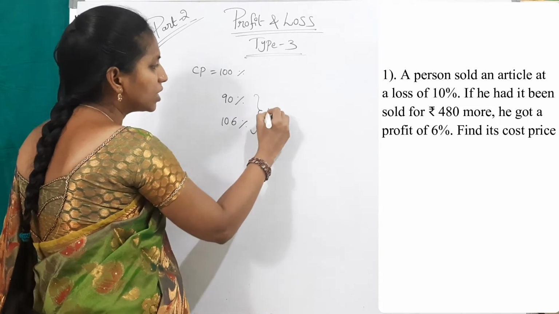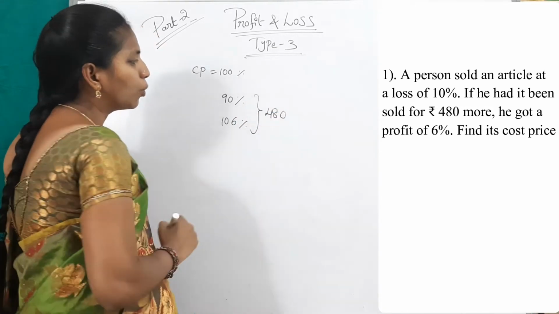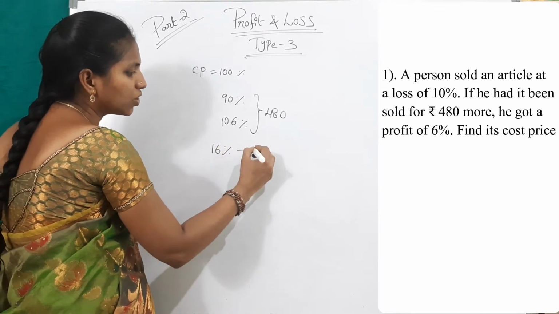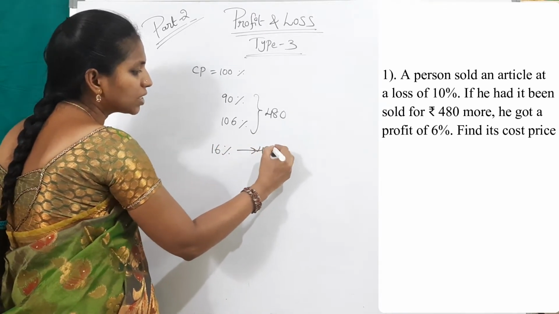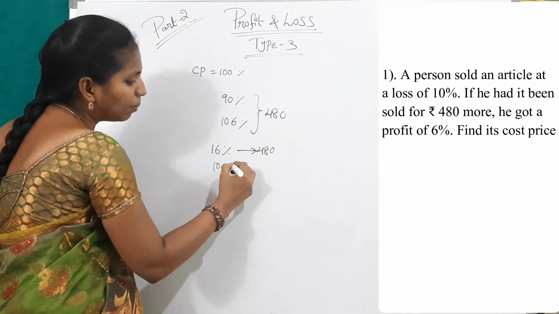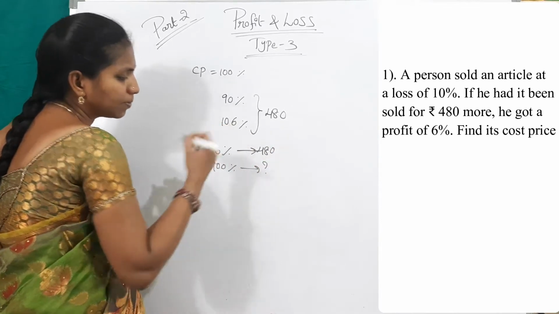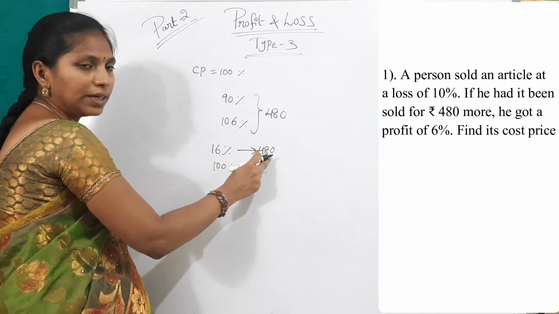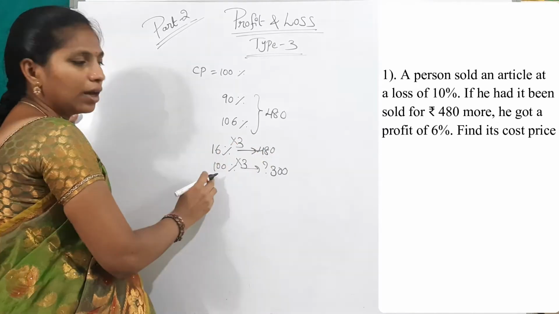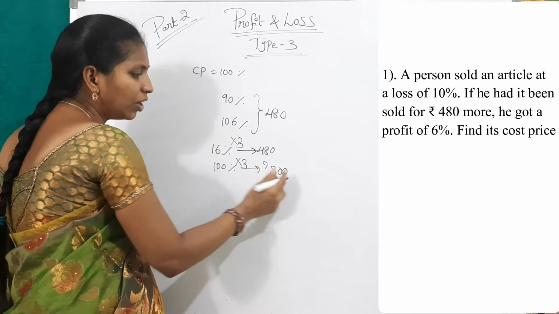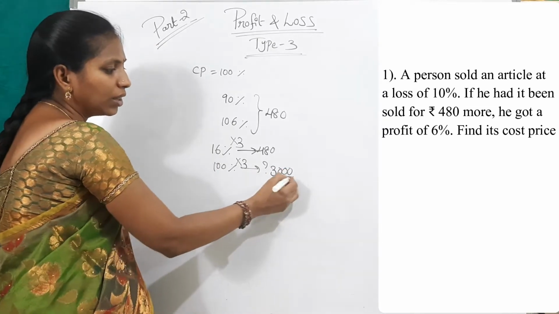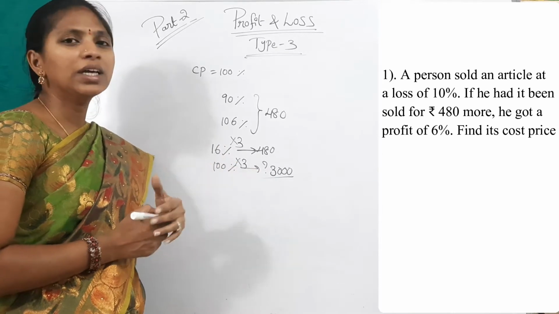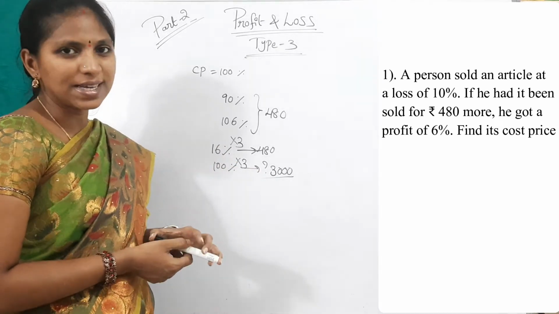So here the difference is 480 rupees. 16% is 480 rupees. Then find out the 100% cost price. 16 into how much is 48? 3 into 3, then 300 and an extra 0, so the value is 3000. Otherwise cross multiply, then you get 3000 rupees as the result.